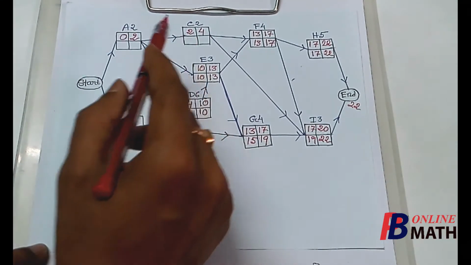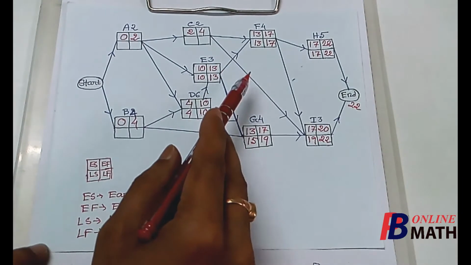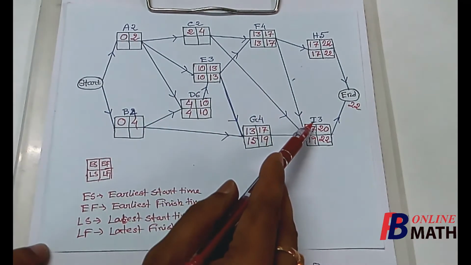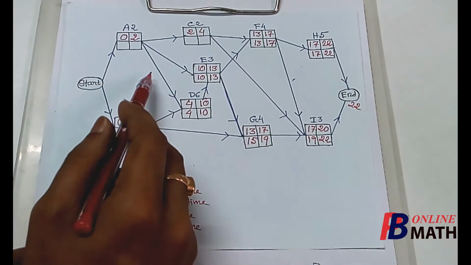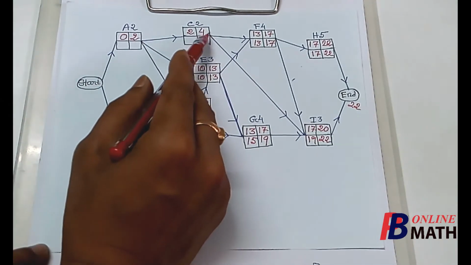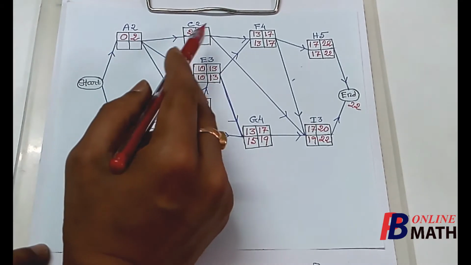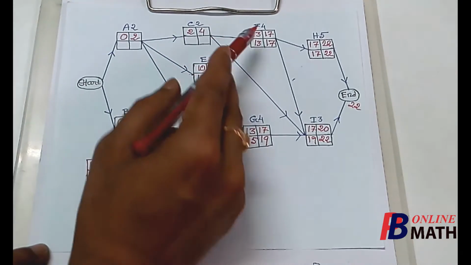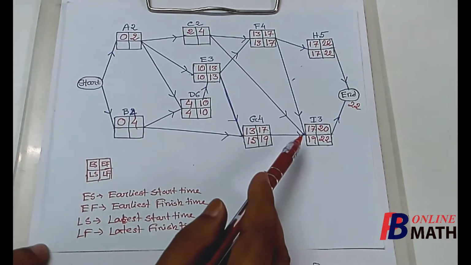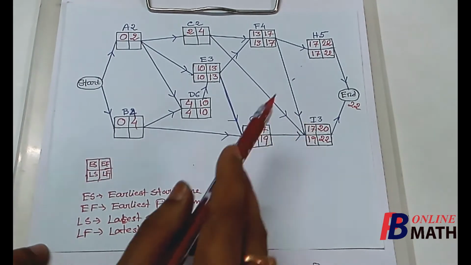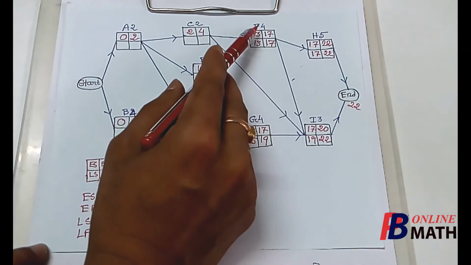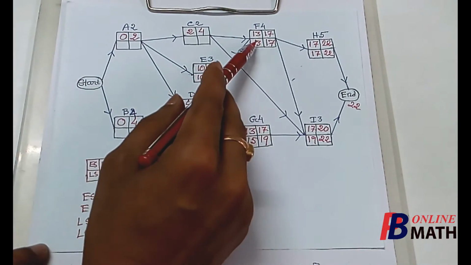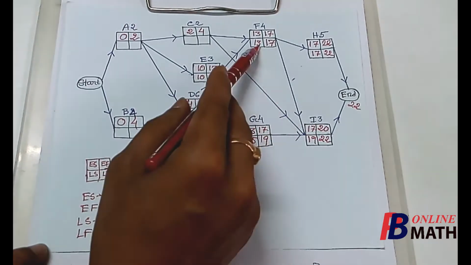Now we consider C. Here we find that the activities F and I can be started only if the activity C is completed. So the activity C must be completed before we can start both the activities F and I. Now here we find that the activity I must be started latest by 19 days and the activity F must be started latest by 13 days, out of which 13 is minimum.